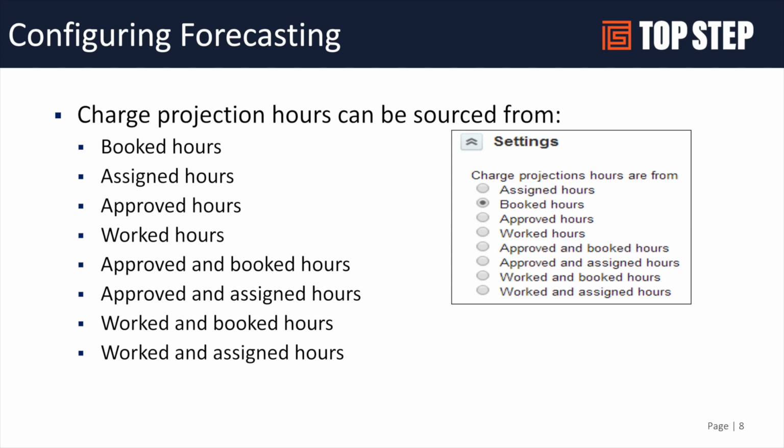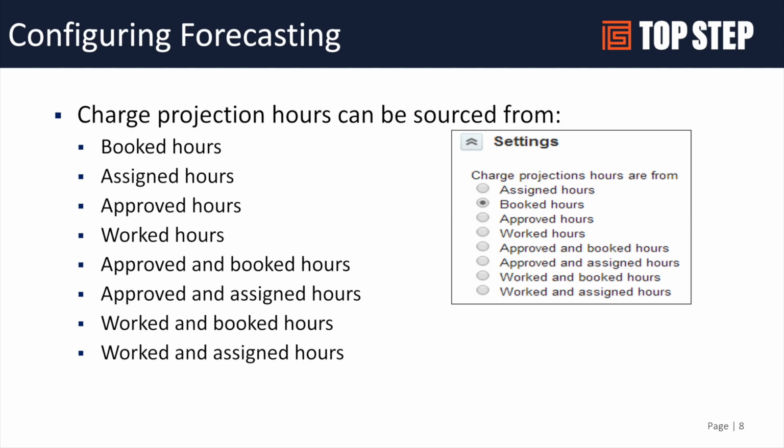The time could be sitting in open, and there's no monetary application yet because it hasn't been approved to run through a billing rule. Well, we can use forecasting in OpenAir and charge projections to take those hours, multiply them by the rates on the billing, and monetize those hours, even though they might be in the past. So worked hours and approved hours have some legitimate use cases. It's not the most common use case, but they are available.